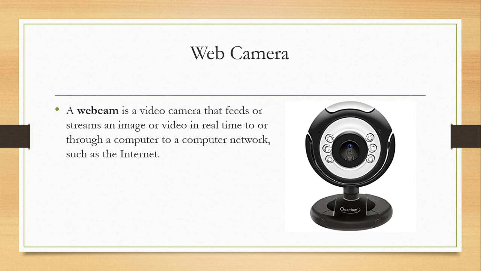It's fixed on top of the roof, monitoring whatever is happening, and it can feed the data in real time through the computer network. Somebody even outside the country who is connected to your camera can see whatever is going on in your location.